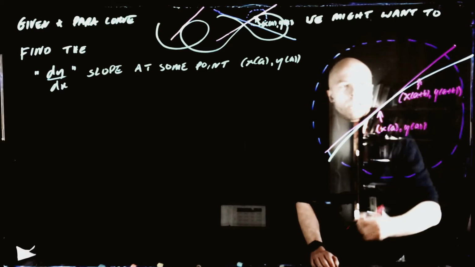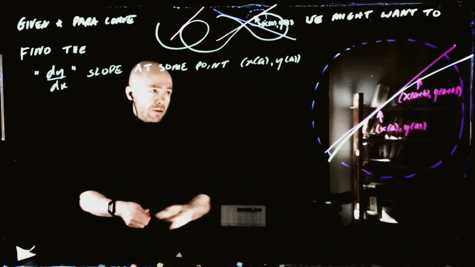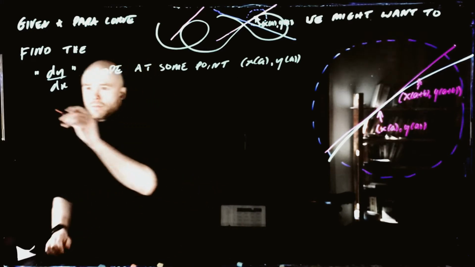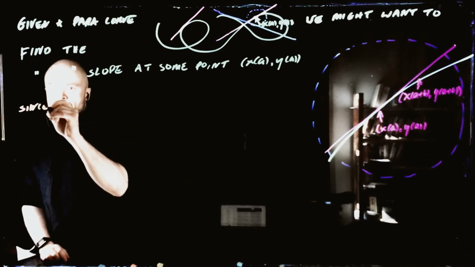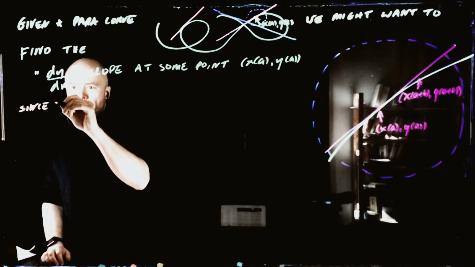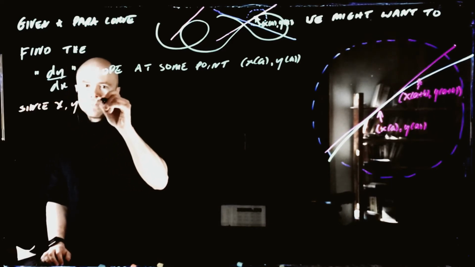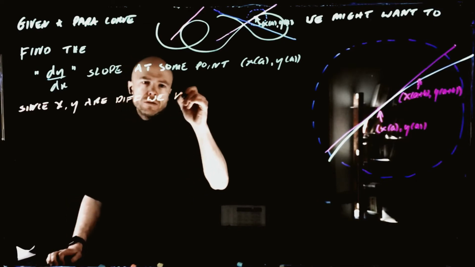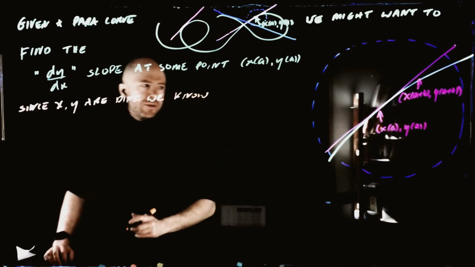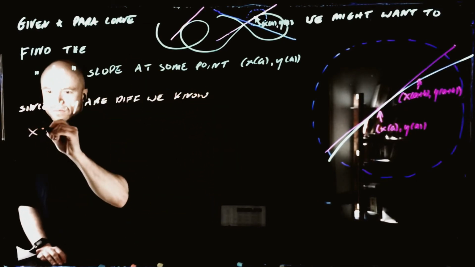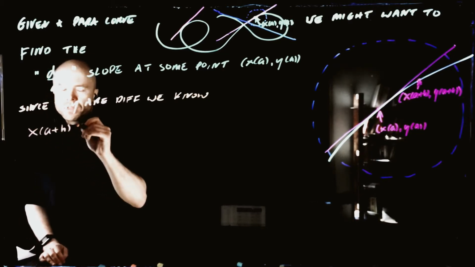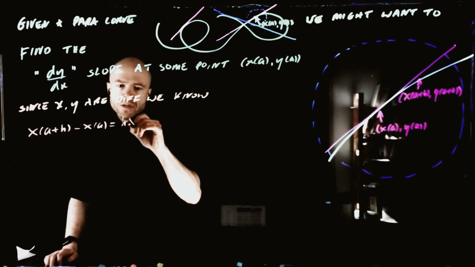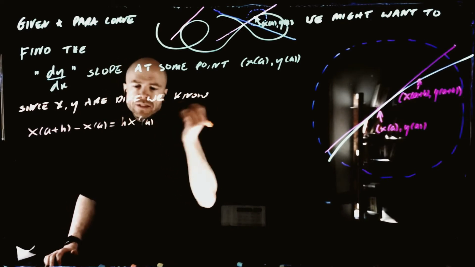And then what do we know about this point we move forward to? Well, since x and y are differentiable, we know that x of a plus h minus x of a is approximately h times x prime of a, plus some small error.